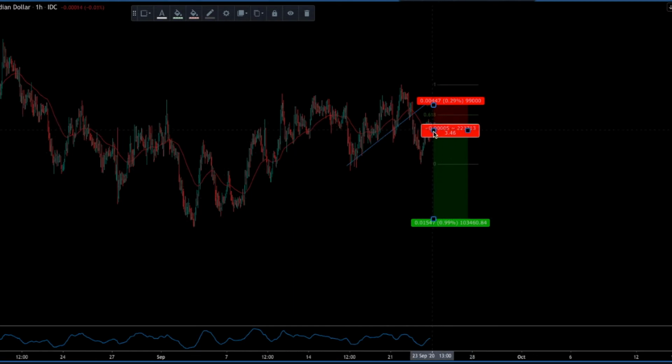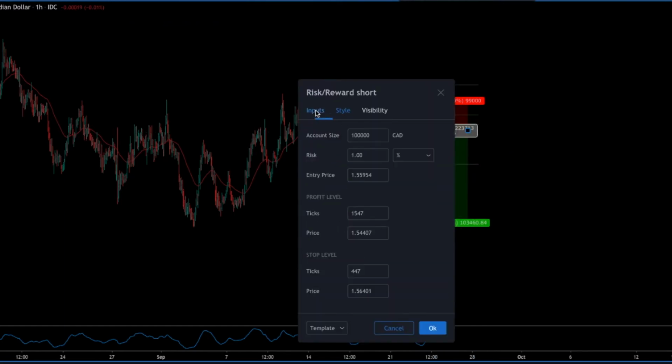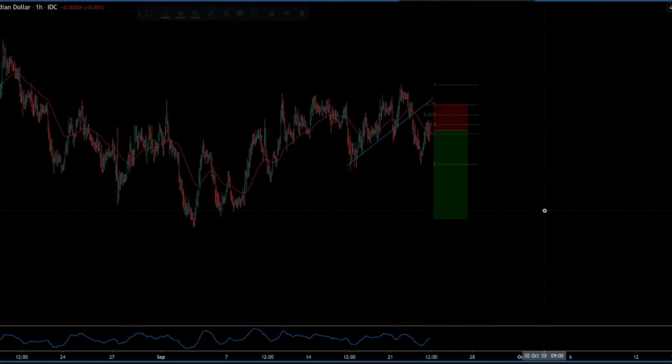And you can go in and obviously edit those to make them exact numbers. So if we really wanted 45 pips, we'd do 450. And if we wanted the profit level or entry price, you can tune that to be exactly how you want to enter the trade. But for our example, this will work.